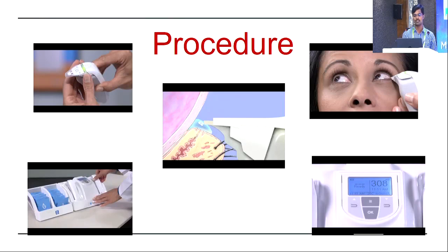A brief review of the procedure. First, the tear film osmolarity kit contains the test card and test pen as well as the tear film osmolarity system. First, we attach the test card to the osmolarity pen, and successful attachment is indicated by a green light.